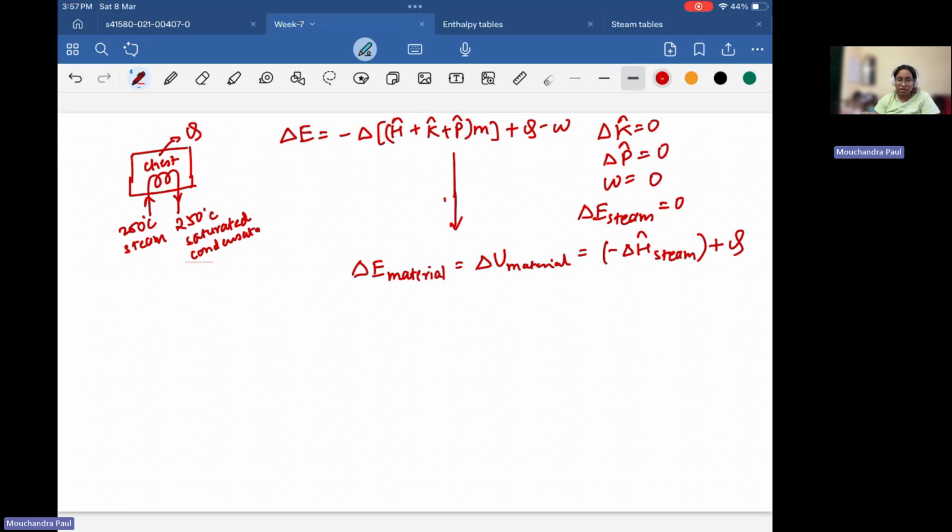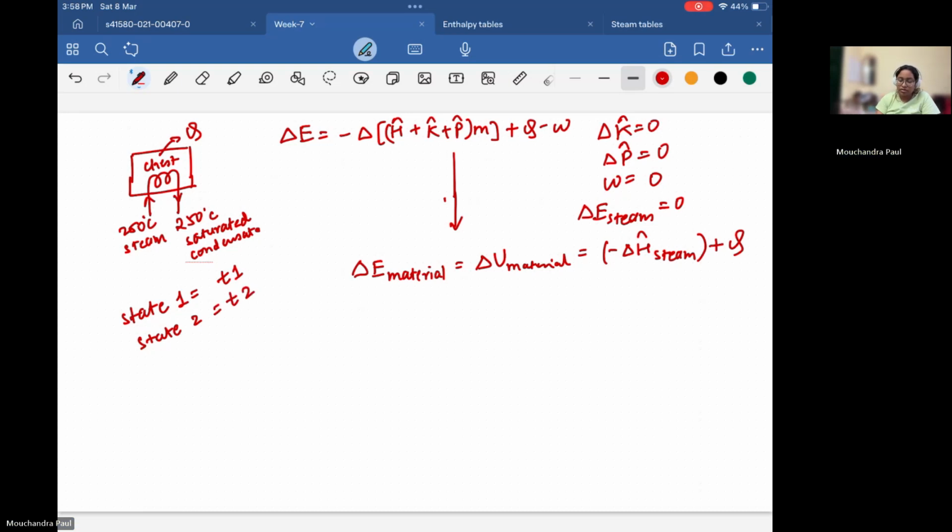Now, if we convert internal energy into enthalpy form, then it will be much easier for us to solve the problem. So state 1 we will denote with the subscript T1, and state 2 will denote with subscript T2.